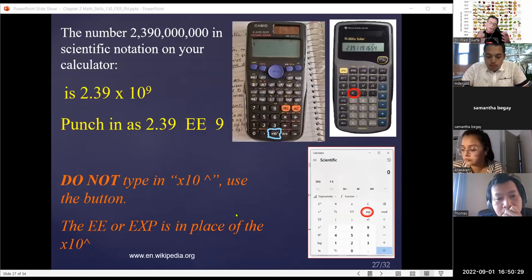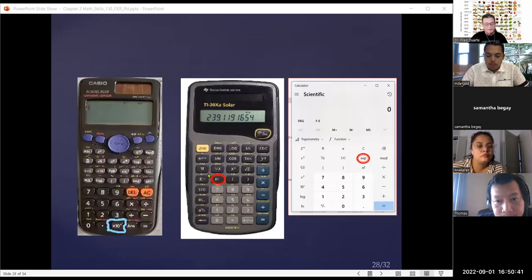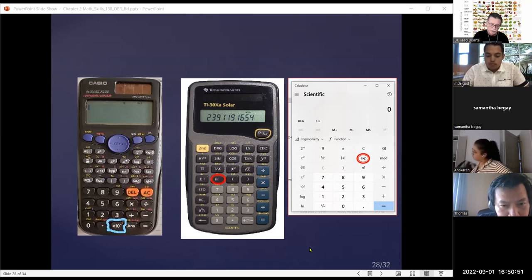Now, once we know about sig figs and scientific notation, how do we put it in the calculator to do calculations? Well, there are three, to my knowledge, there may be new buttons out there. There are 3 types of buttons that I've seen out there that the calculators use to represent the scientific notation format or function in the calculator.